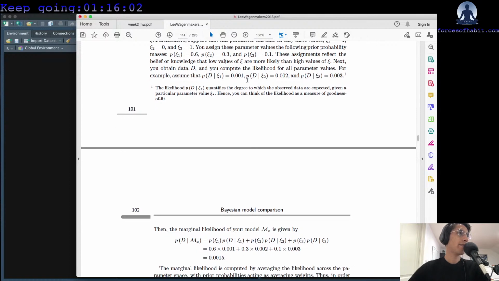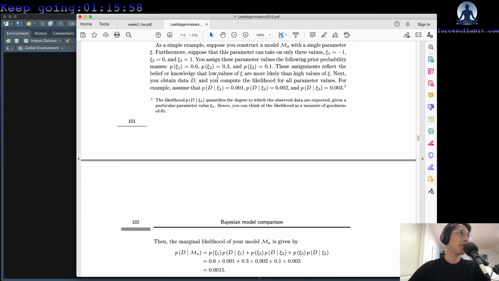We get some data, and we compute the likelihood, and we observe these things. So this is the probability of the data, given that we observed this particular parameter value, which is low, and we get that low. And this quantifies the degree to which the observed data are expected, given a particular parameter value star.